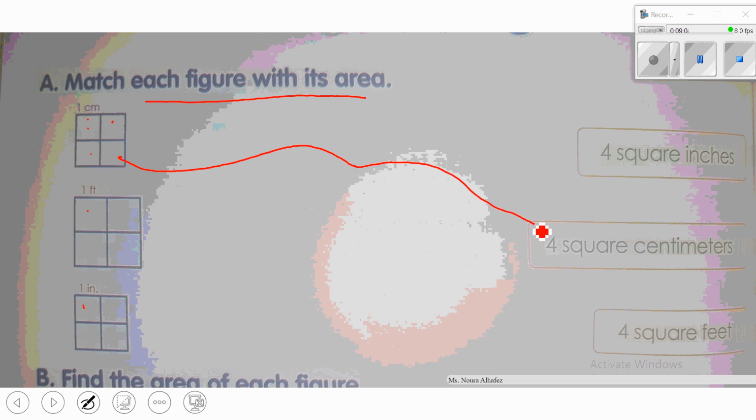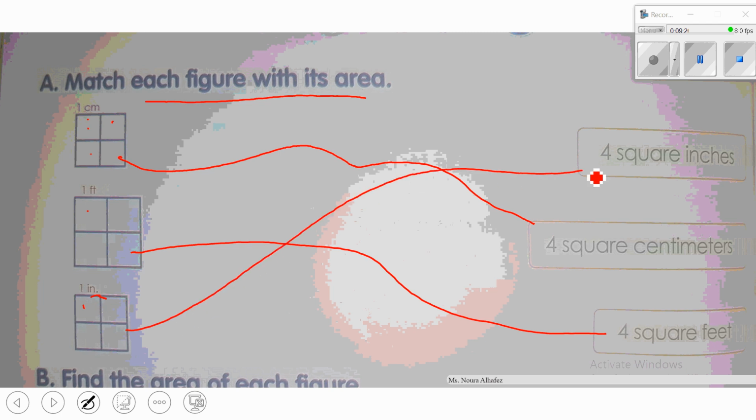Here. Yes, 4 square feet. Very nice. And here is inch, 4 square inches. So CM means centimeters, FT means feet, and IN means inches.